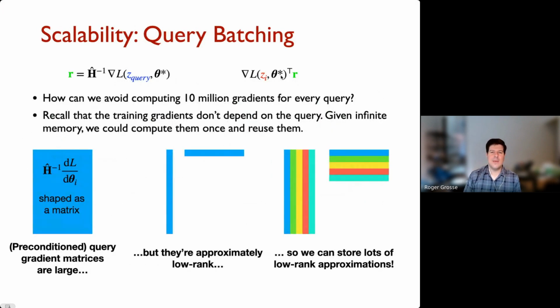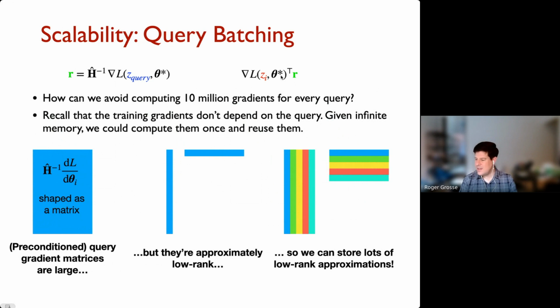So how can we get around this problem of searching lots of training sequences, right? I mean, 10 million is quite a lot if you have to do it separately for every influence query. And so the basic trick we use is that we can share the cost of training gradient computation between many different influence queries. This is a technique that we call query batching.